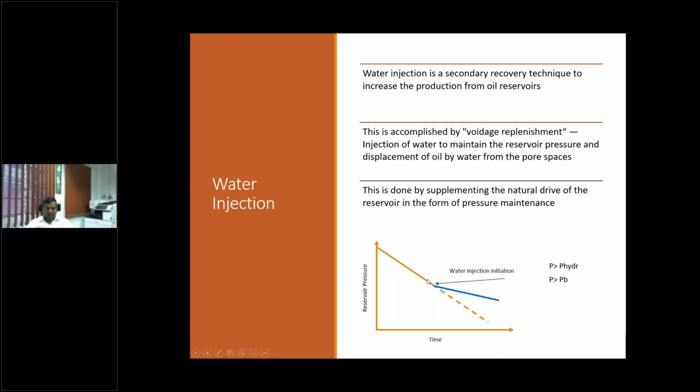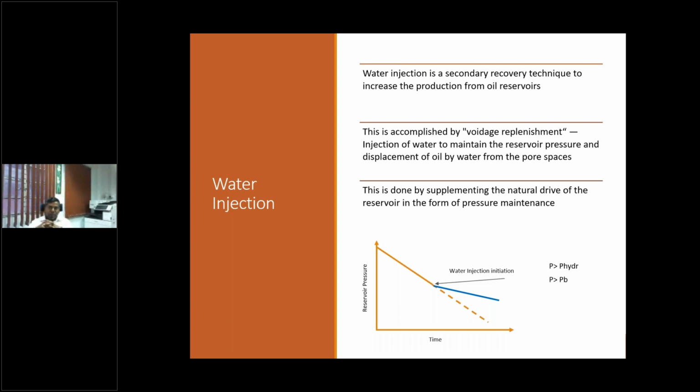It is representing the decline in the reservoir pressure, and there is a blue line which indicates the point where we are initiating the water injection. So if we try to produce oil, water and gas from a particular reservoir, the reservoir pressure depletes, but we need to know when we should start the water injection. Mainly two factors are important in this aspect.